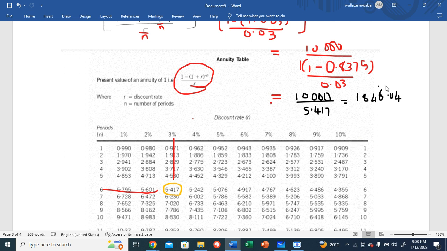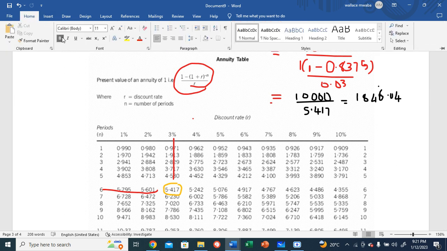So that is our equal payment: 1,846 kwacha. Now we can head to our amortization table.